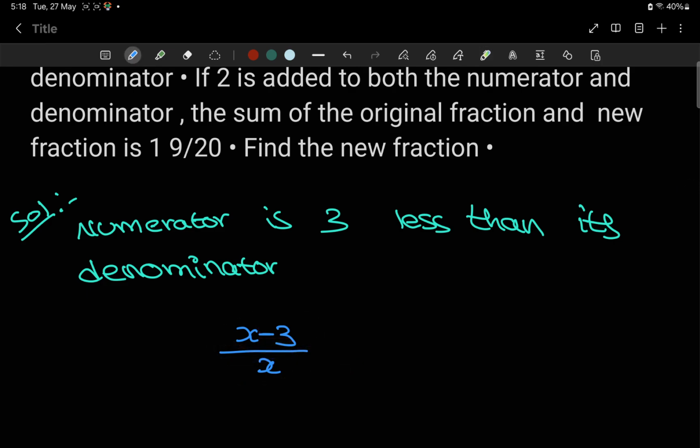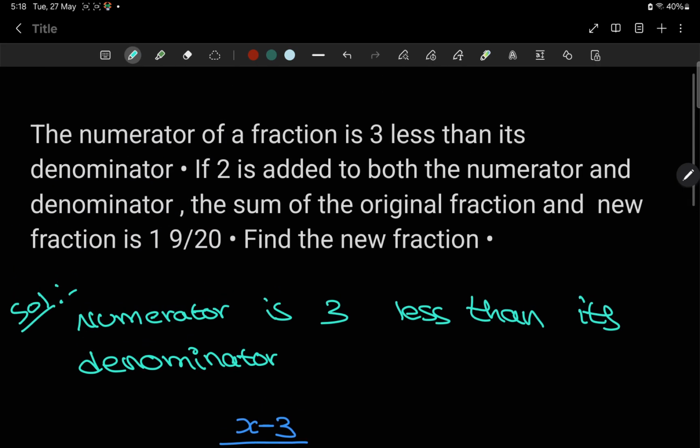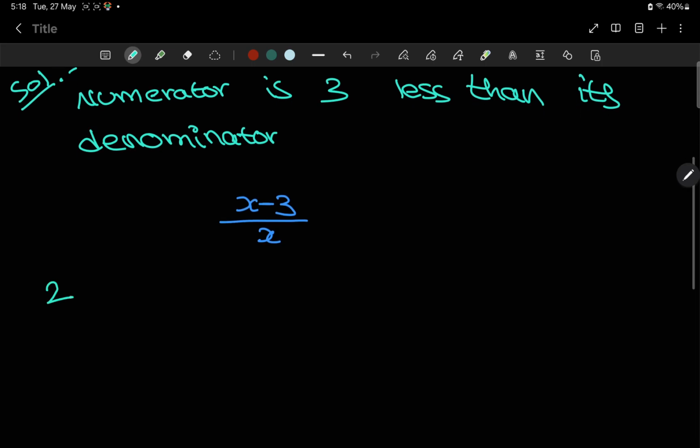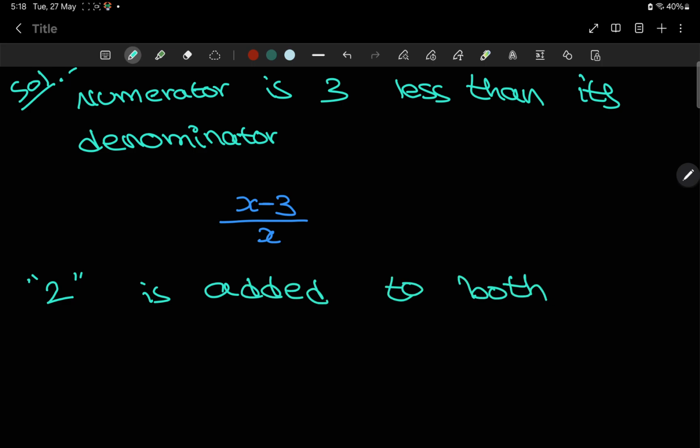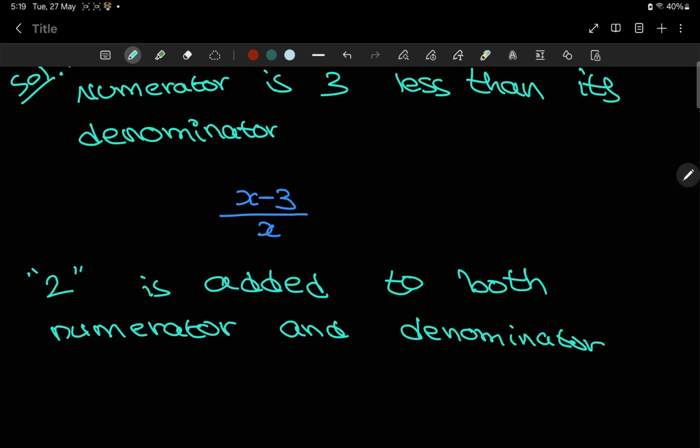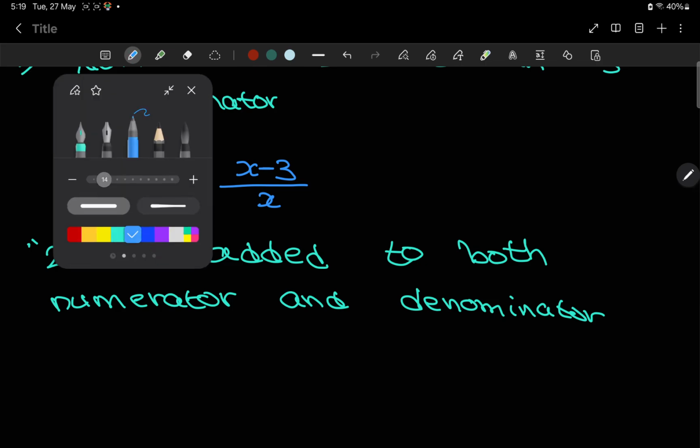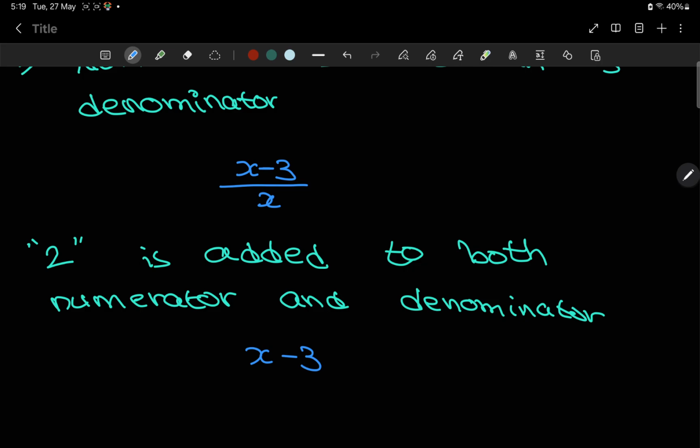Now let's go into the second condition. It says that if 2 is added to both the numerator and denominator, it will be x minus 3 plus 2, because 2 is added, over x plus 2.